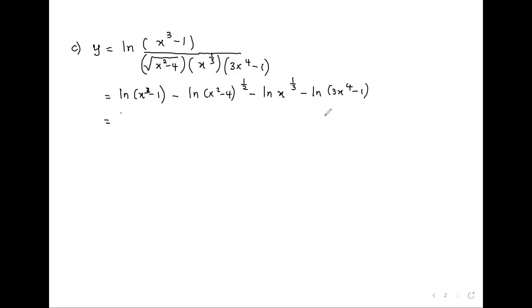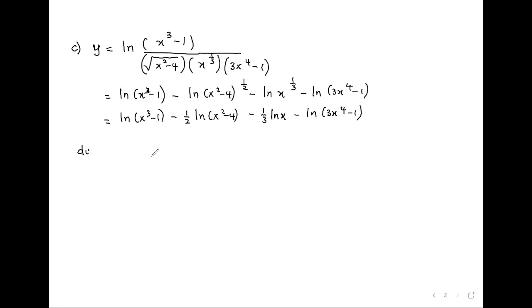And then you can still do some simplification here. You drop the half. We have ln of x cubed minus 1 minus half ln of x squared minus 4 minus 1 over 3 ln x minus ln of 3x to the power 4 minus 1.